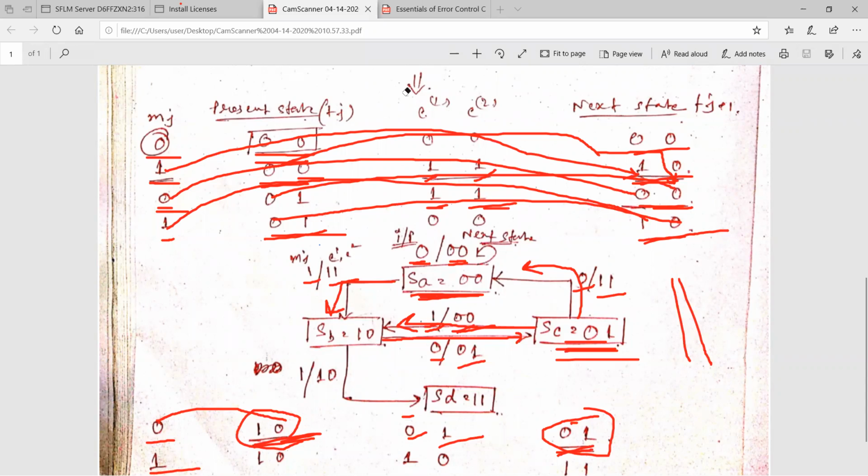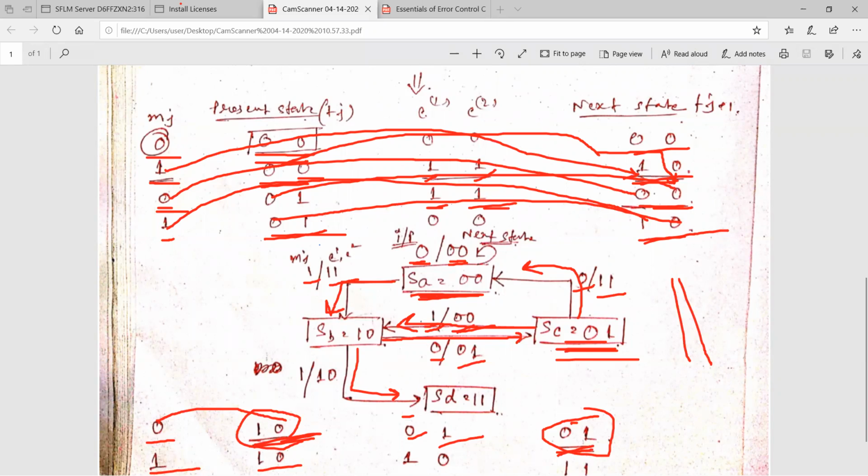Okay. So when the present state 1, 0 is converting to 1, 1, what is the condition? The condition is basically when I'm considering the present state as 1, 0, and I'm initializing this message bit as 1, we are getting C1, C2 as 1, 0, and the next state. What will be the next state?